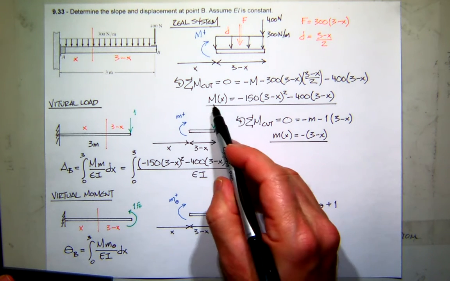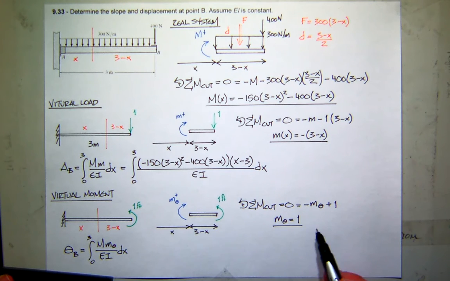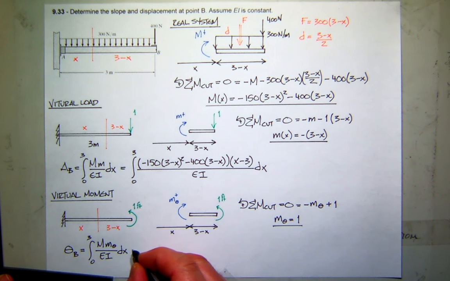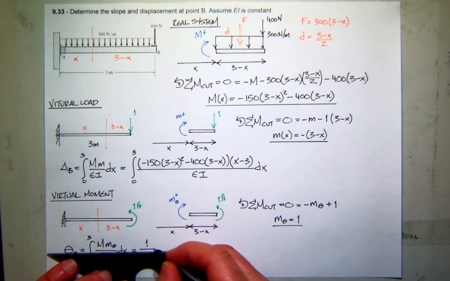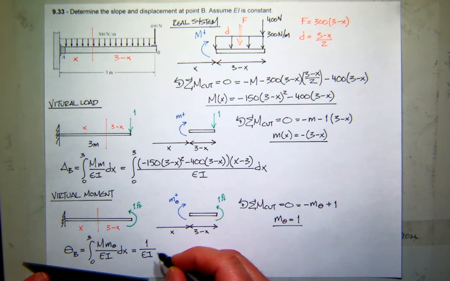Well, my real moment is valid from 0 to 3. My virtual moment is valid from 0 to 3. So that gives me an expression that looks something like this. I'll go ahead and pull the 1 over EI out.